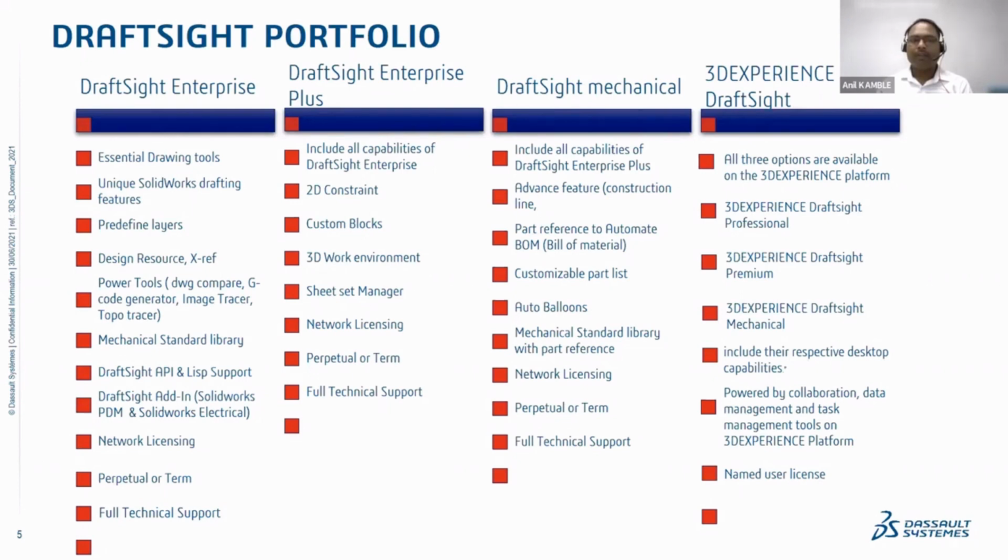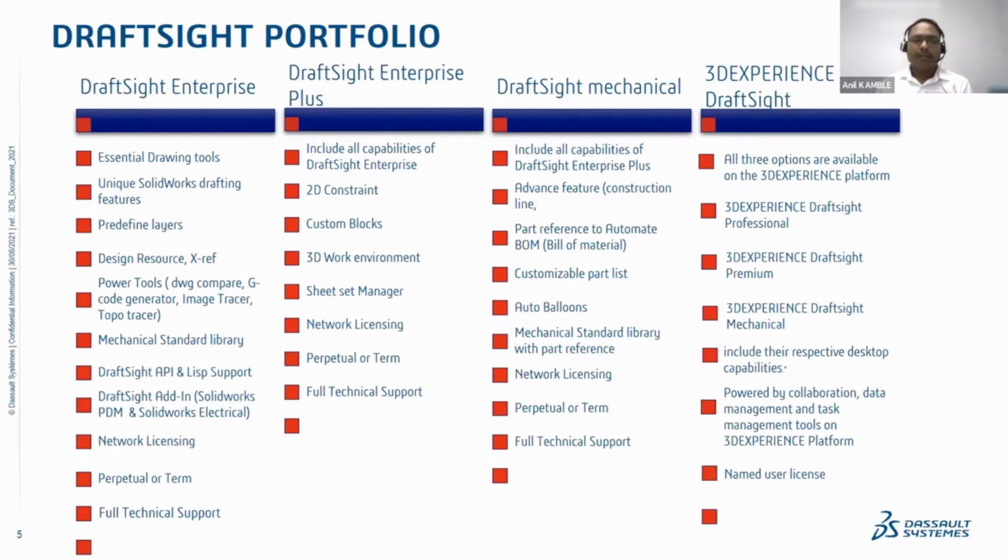Within DraftSight Enterprise, you can predefine the layers and speed up your work. If you are working on external drawing files and would like to refer to them, we have tools like design resource and external reference that help you easily work with external files.